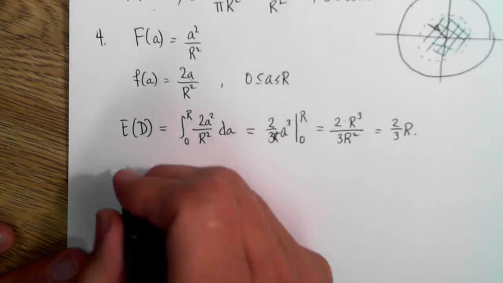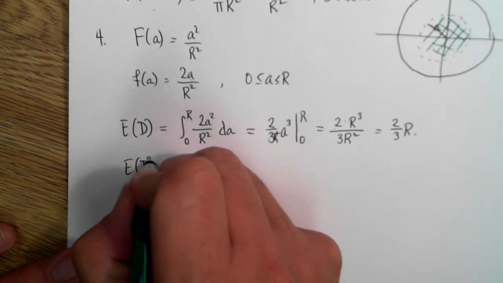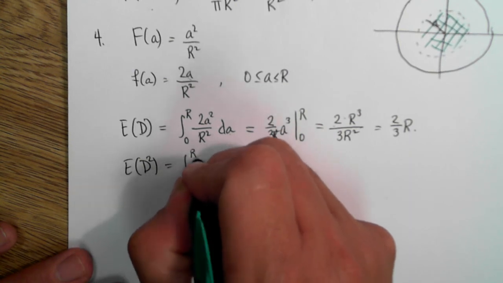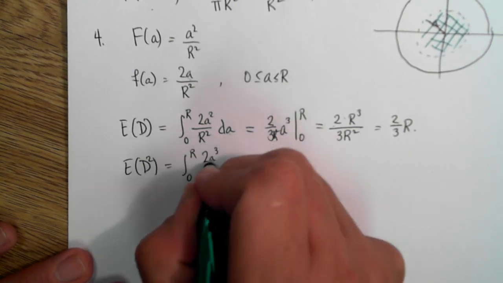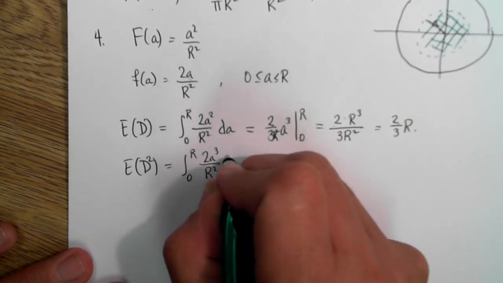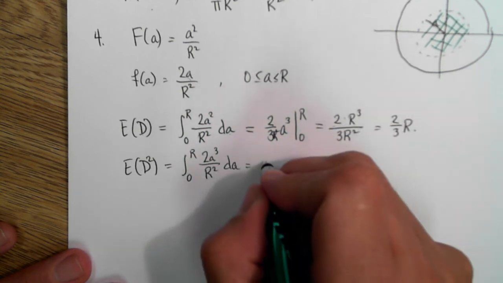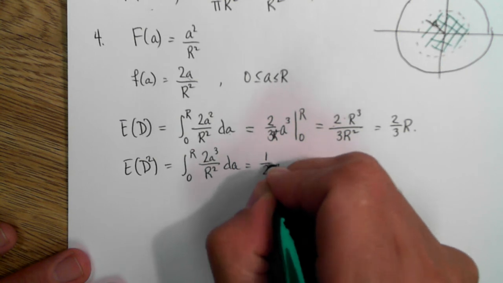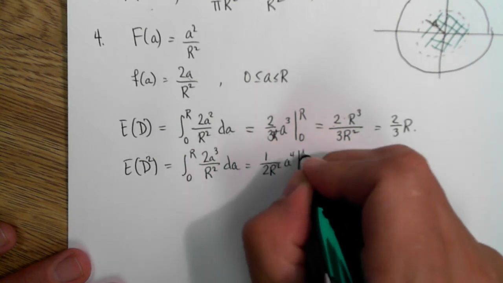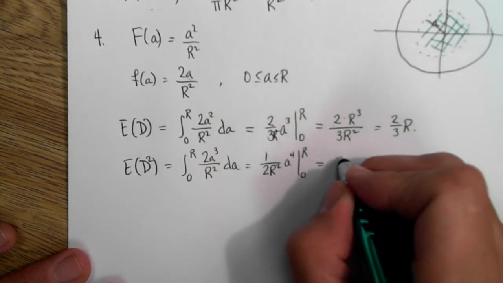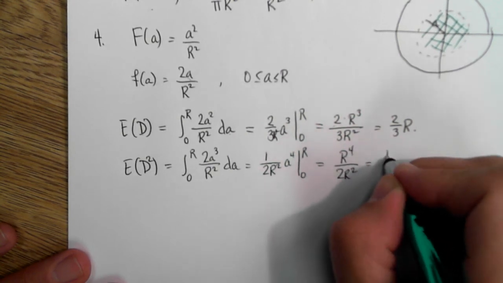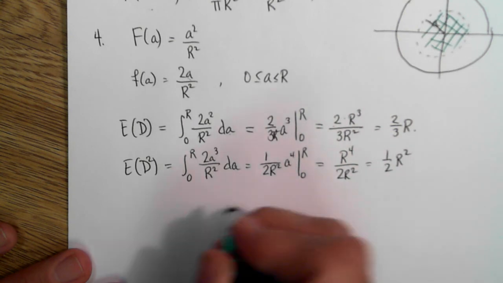To figure out the standard deviation, we first figure out the expected value of d squared. That's the integral from 0 to r of 2a cubed over r squared da. That works out to be 1/2 a to the 4th over r squared, evaluated from 0 to r. So that's r to the 4th over 2r squared, which is 1/2 r squared.